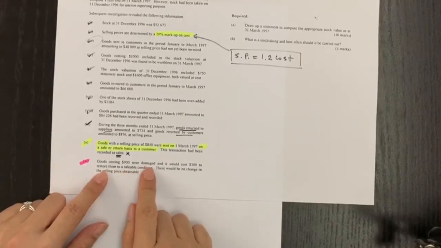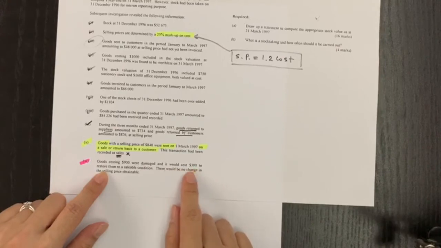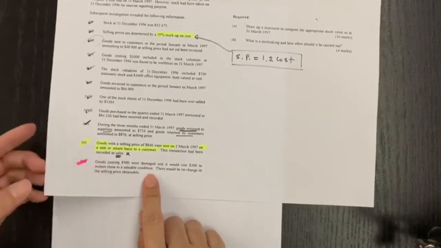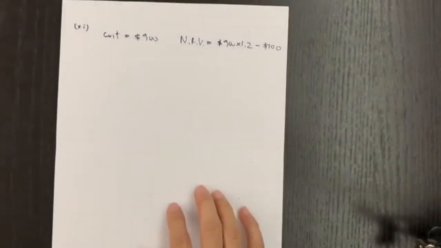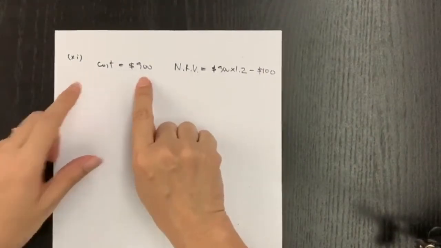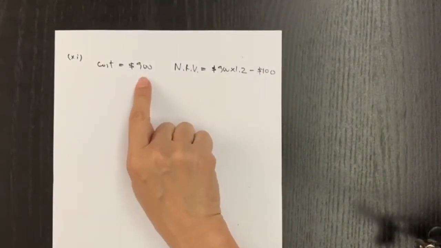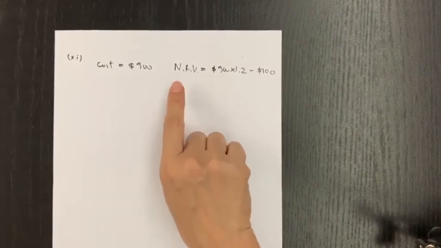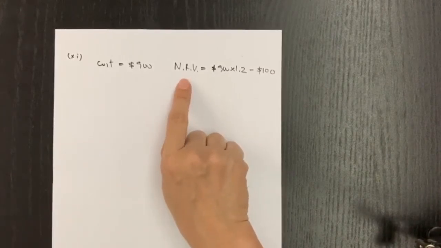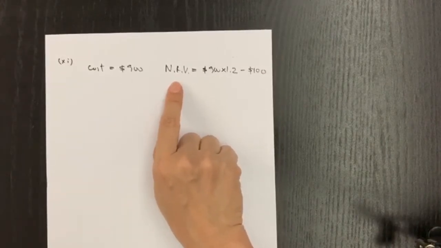After the explanation, we go back to point number 11 here: goods costing 900 were damaged, and it would cost 300 to restore them to a sellable condition. So here we have costs of 900,000, and we need to compare cost with NRV, which stands for net realizable value. How do we do that?